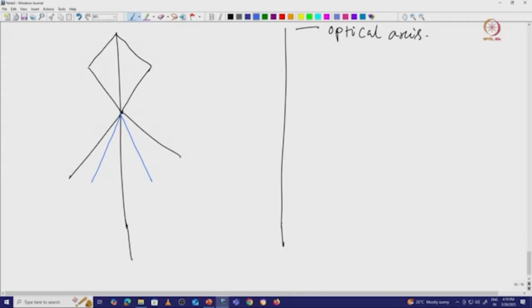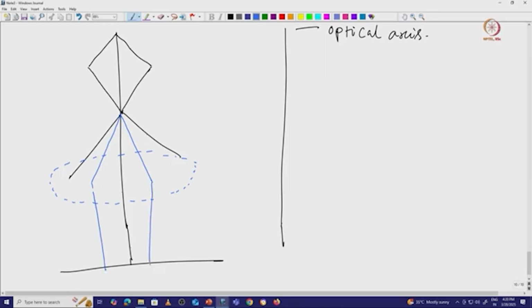Now we'll use the C2 lens current in such a way that it will not converge on one particular sample. If this is a sample plane, we will maintain this magnetic field in such a way that the ray can go like this.